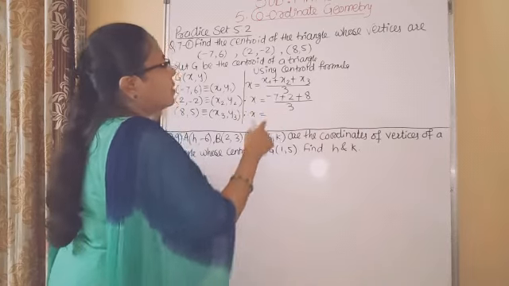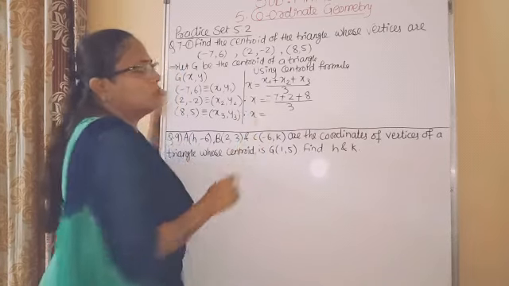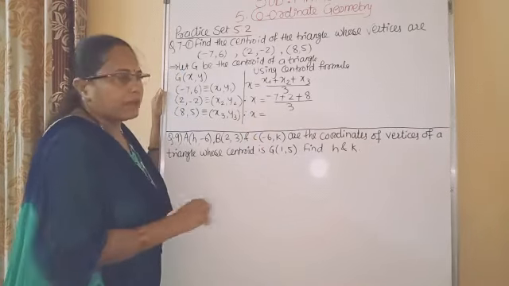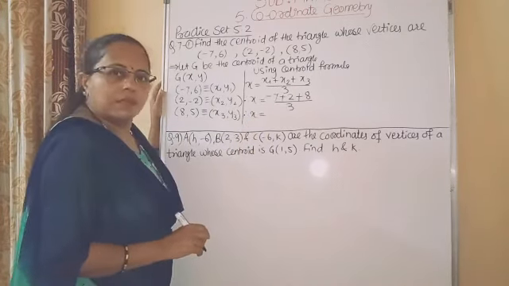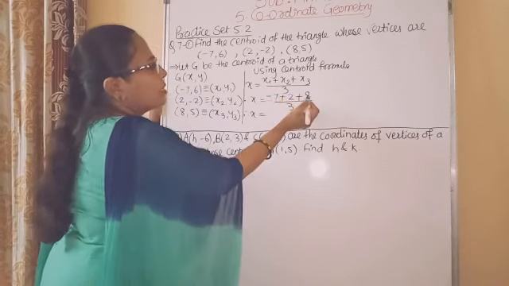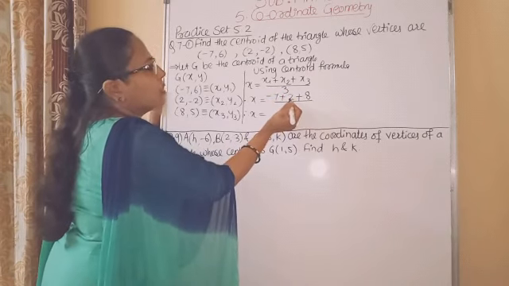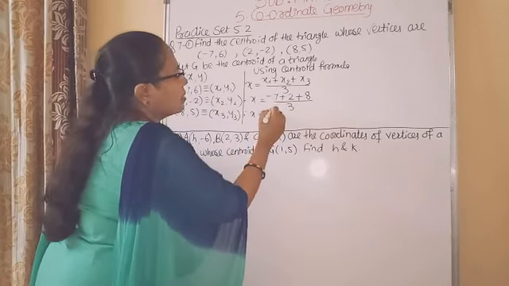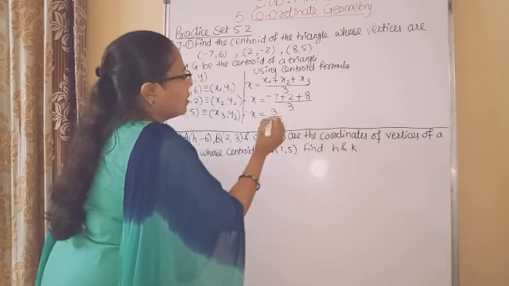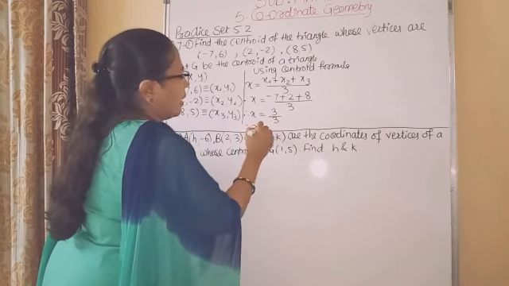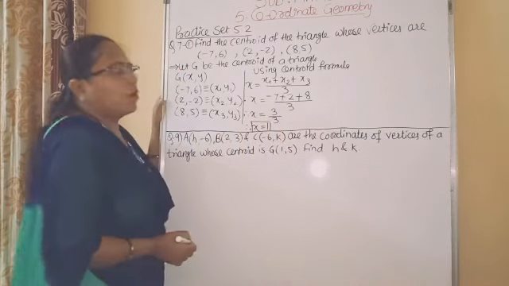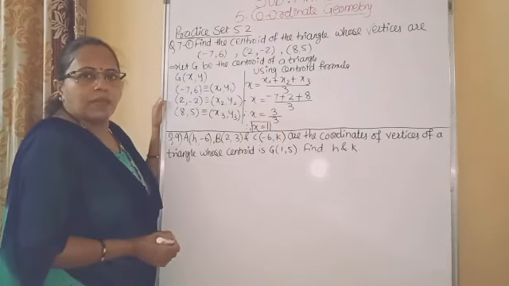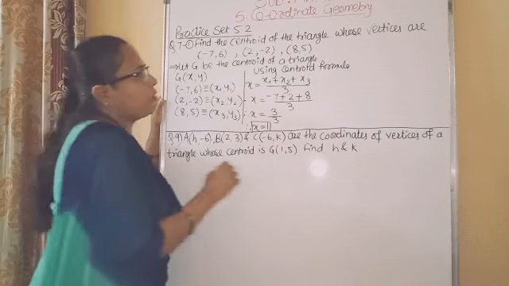Therefore, x is equal to -7 plus 2, -5. -5 plus 8, 3. Or you can solve this way also. 8 plus 2, 10. 10 minus 7, 3. 3 upon 3. Therefore, x is equal to 1. This we got the x coordinate of the centroid.